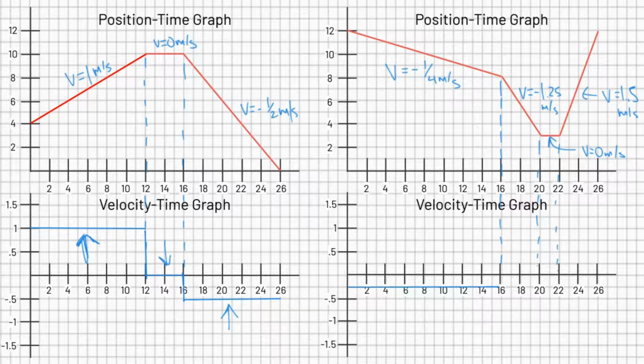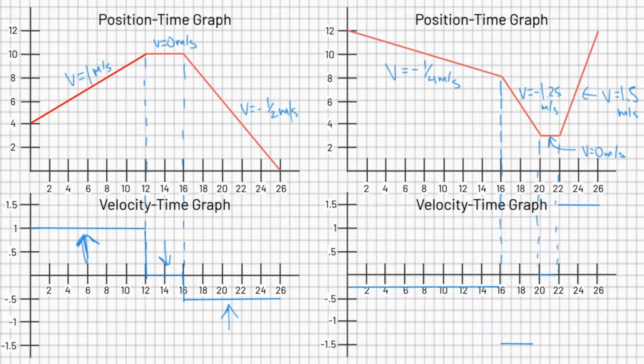So that is down here. That goes to about there. All right, then we have a 0 velocity. And then finally, we have a positive velocity at 1.5 for this last section.